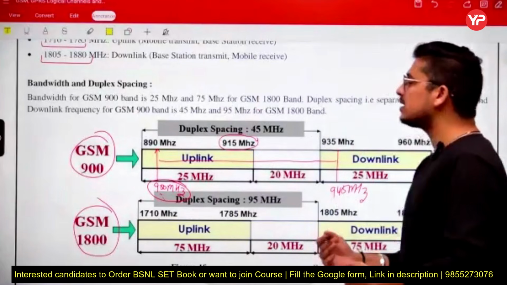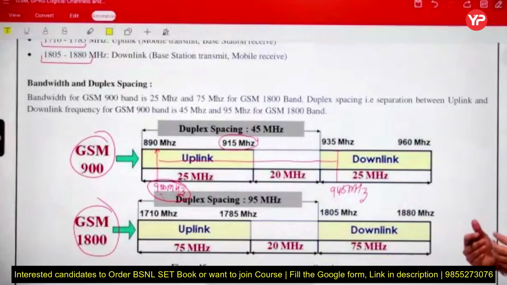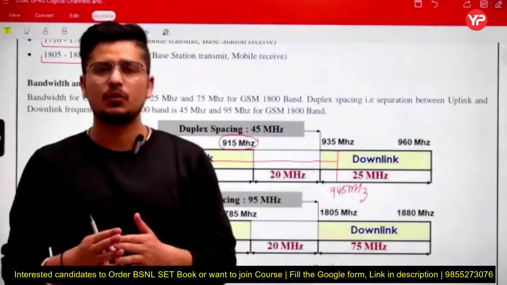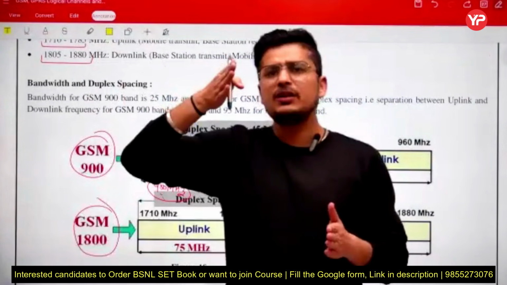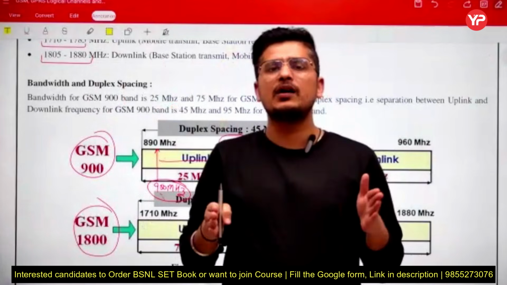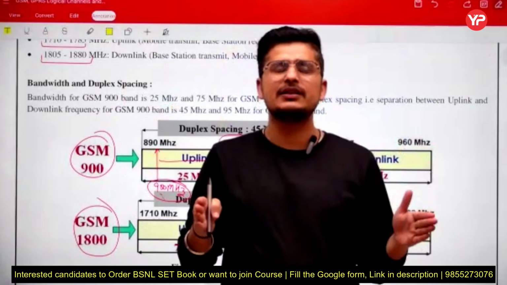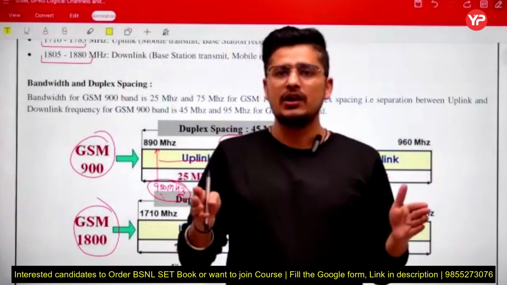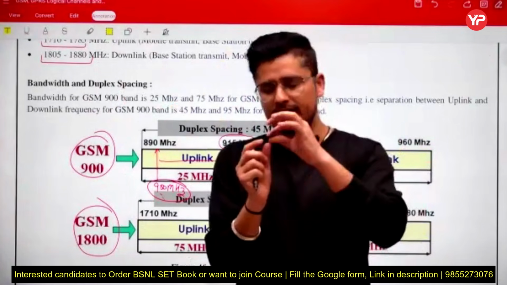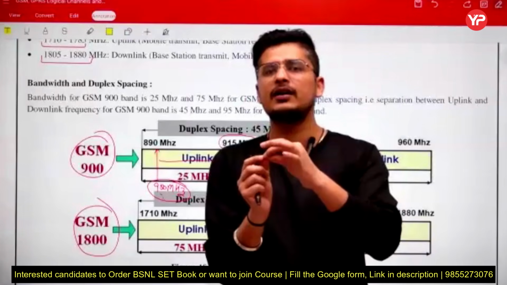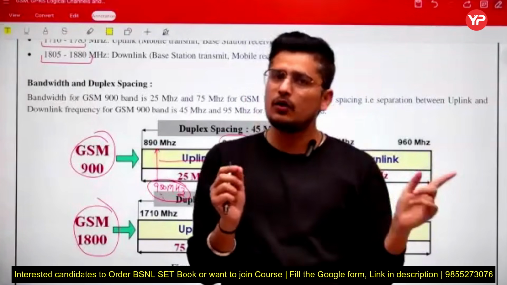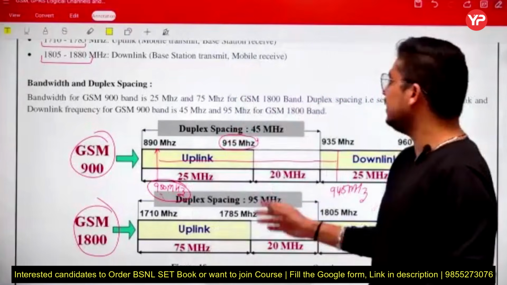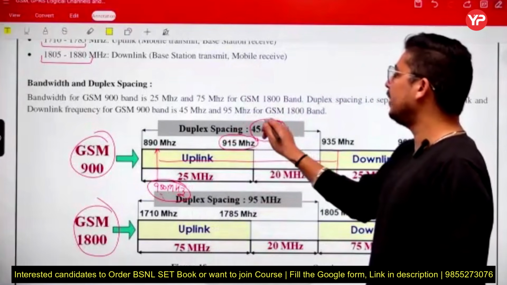So what you understand from this concept: duplex spacing means there will be a gap of 45 megahertz between the uplink frequency and downlink frequency of a carrier. If you are a mobile user using a carrier of 900 megahertz, then your uplink and downlink frequency are separated by 45 megahertz.